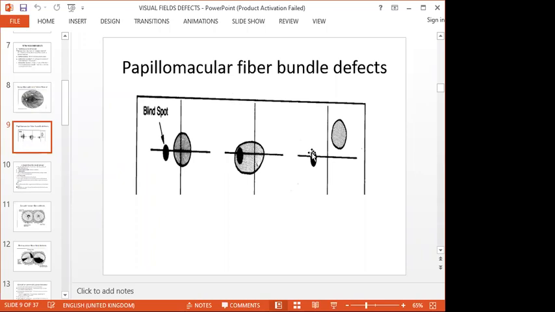But it also depends on what the lesion is, what is the cause of the defect here. Like when you look at the sun, damage of the fovea, you find this is all blind. So this is central vision.